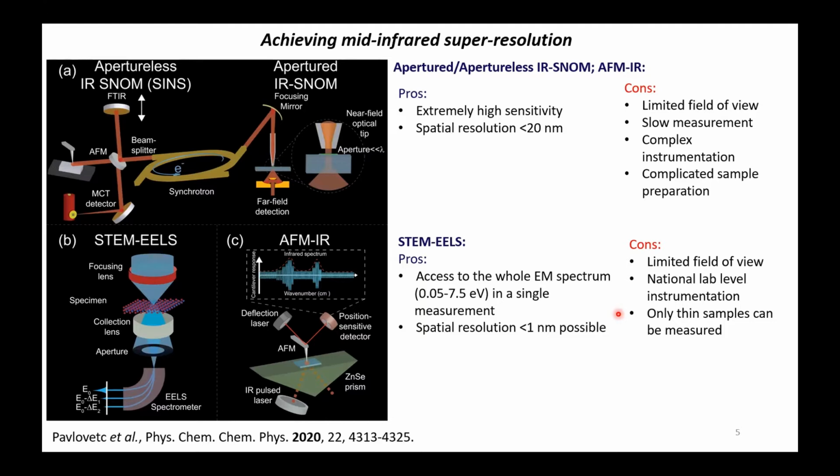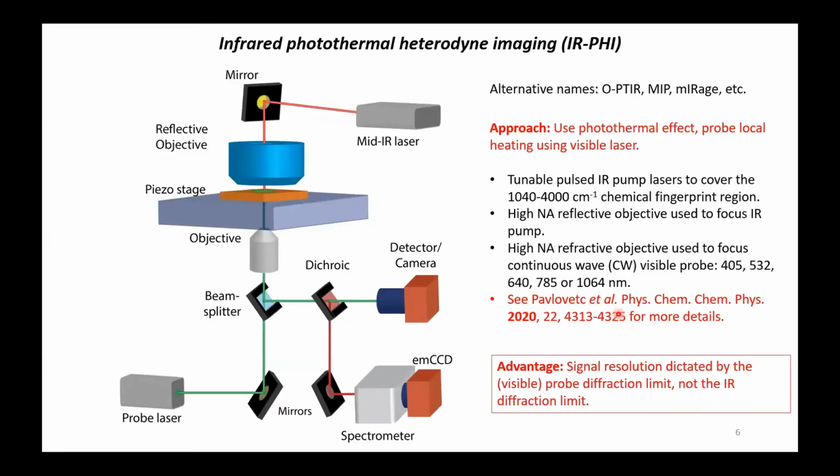Additionally, this measurement is performed under high vacuum with an extremely monochromatic electron beam, so there is no way you're going to measure a water sample or a biological sample. So now, combining this all together, there is a way to achieve super resolution with infrared measurement and to increase sensitivity relative to an FTIR microscope.